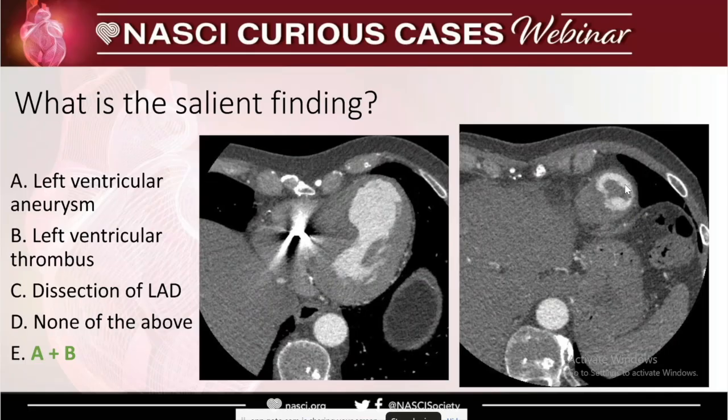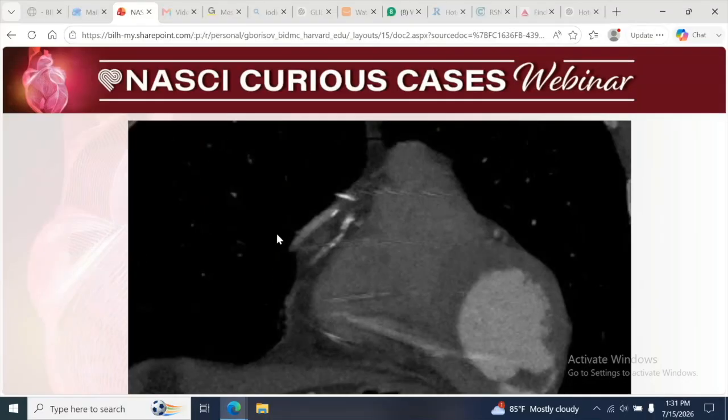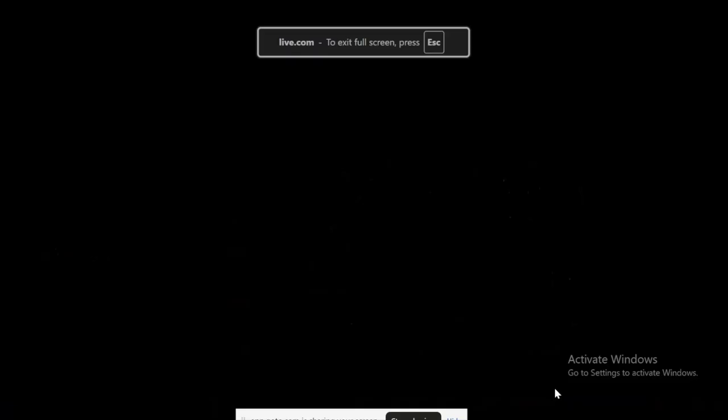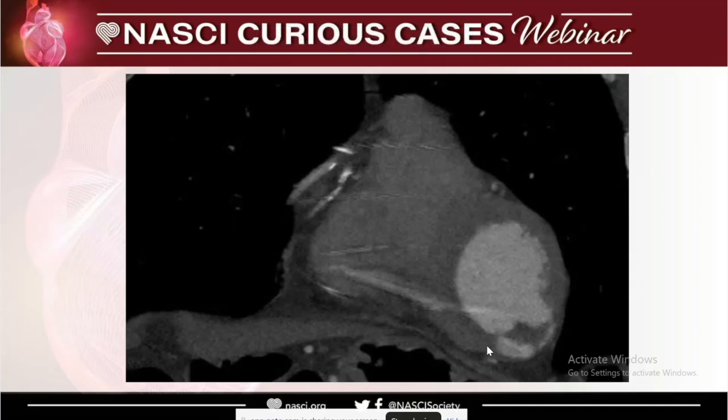So this is very dangerous. Okay. And let me see if I can show you the movie here. You can see that this is the aneurysm itself in the left ventricle, and this is the thrombus.